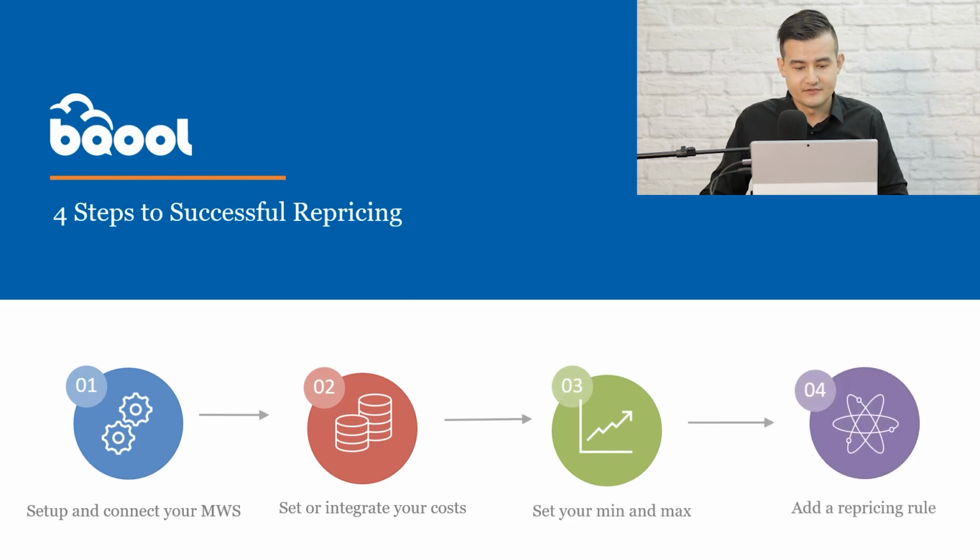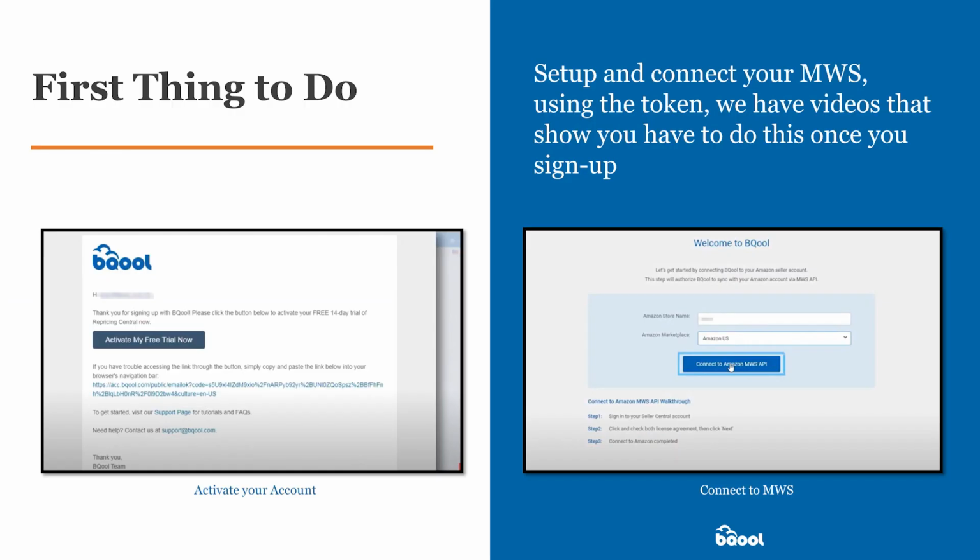So first, you're going to get an email to activate your account, and then you can click on the email and you can connect to the MWS. The MWS is an integrated web service API that helps Amazon sellers to programmatically exchange data on the listings, on the prices, reports, and much more.